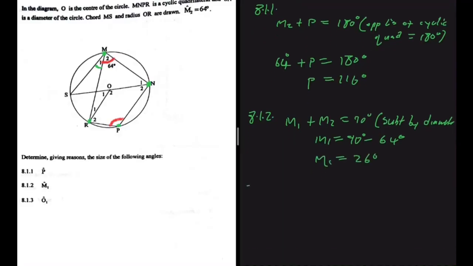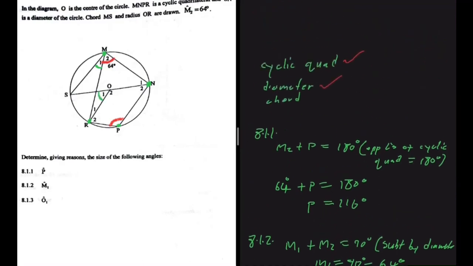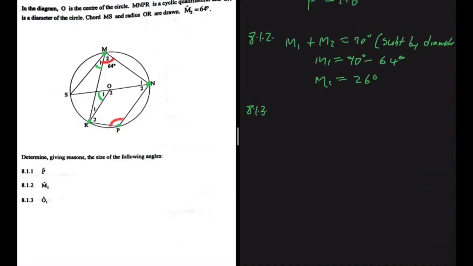And the last one, 8.1.3, we're looking for the size of O1, right? If we come to our keywords here, the only keyword that we have left is chord, right? But it won't help us with much. But what I want you to realize here is that O1 should be twice M1, right?